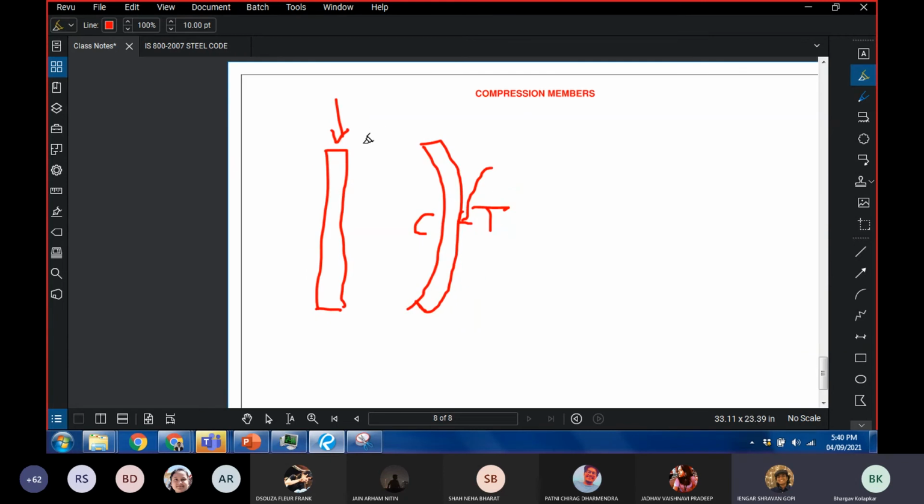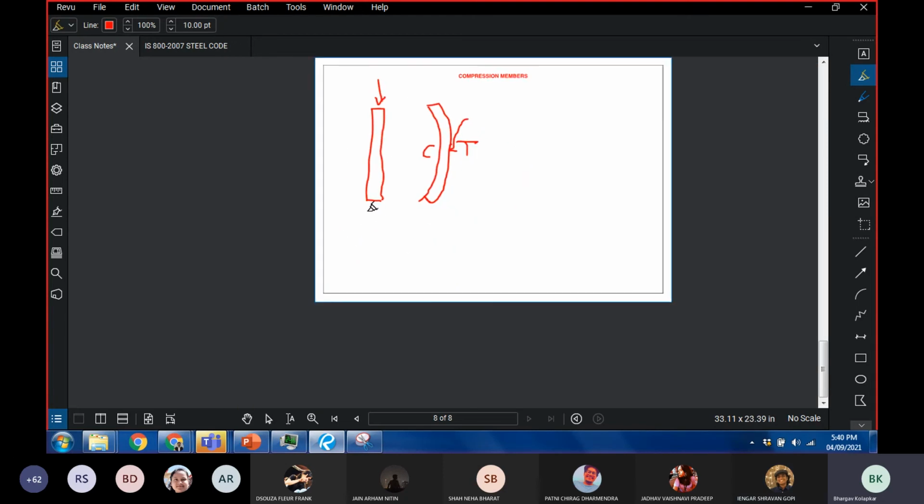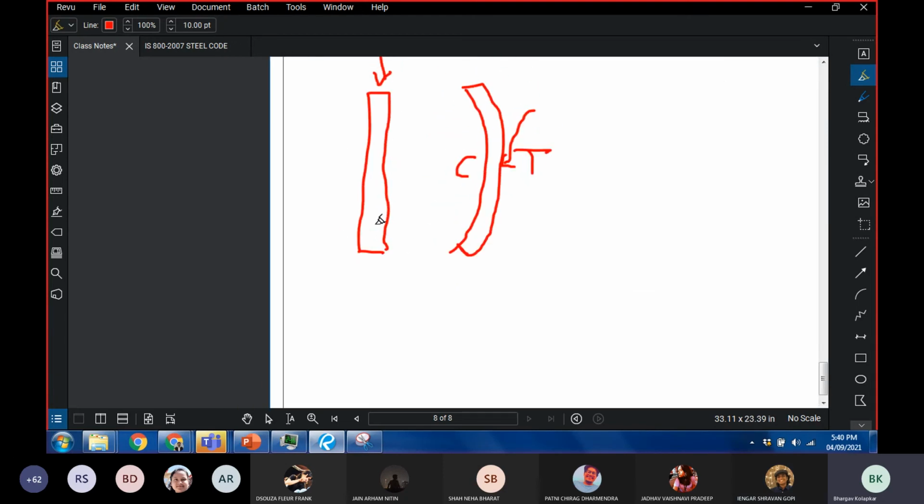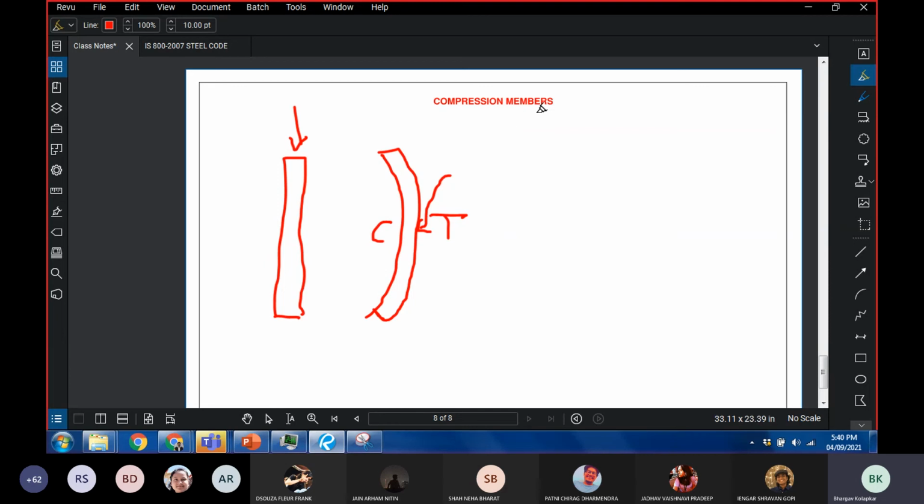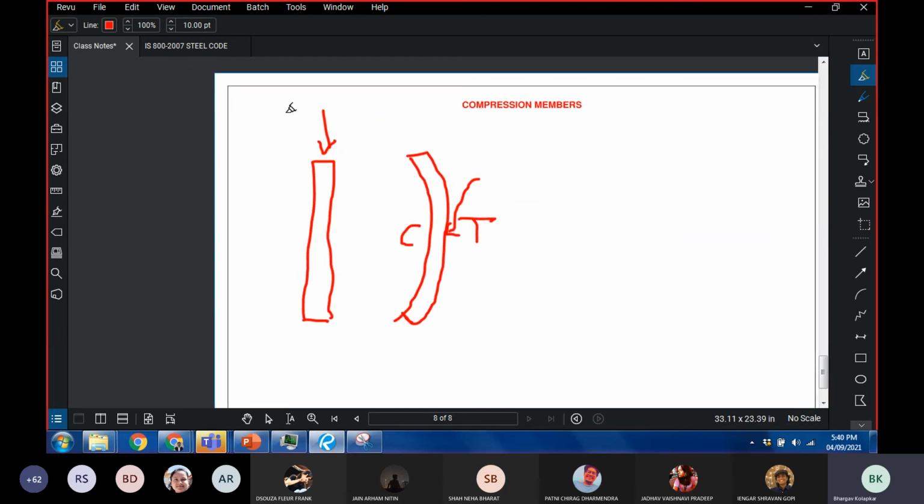Yes. So now let us try to look beyond its deflected shape to understand what is happening. When a column is under pure axial compression, let us say the axial load value is P. What is the stress at any cross section?